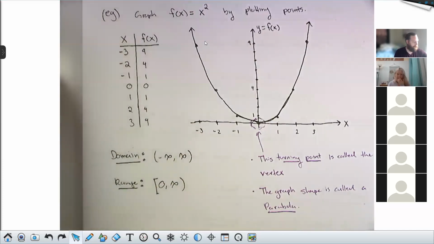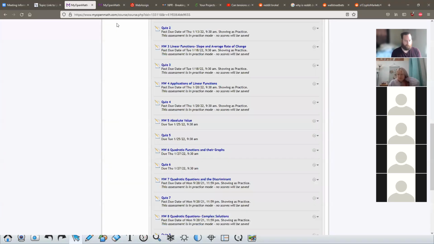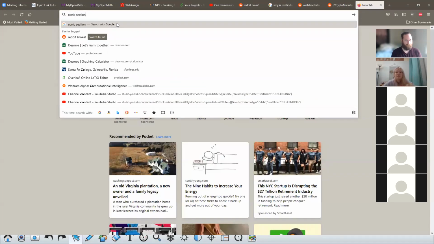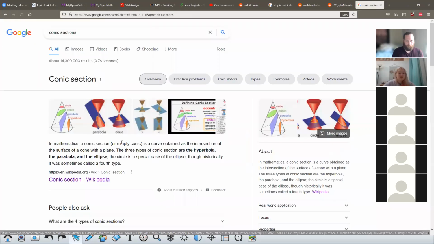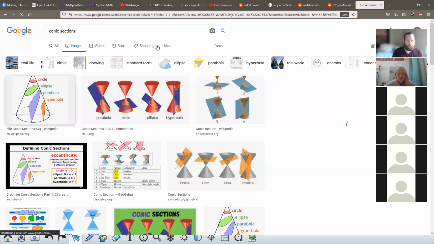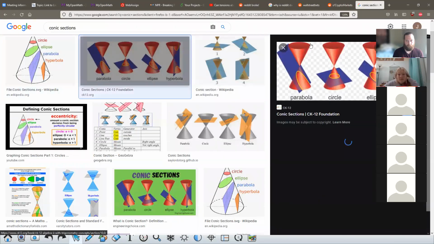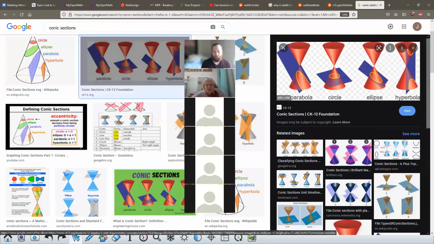That's the origin. The final thing I'll say about this while we're talking about fun facts about parabolas, they are one of a family of things called conic sections. If you take a cone and you slice it with a plane, as you see here, you will get one of a few possible shapes.